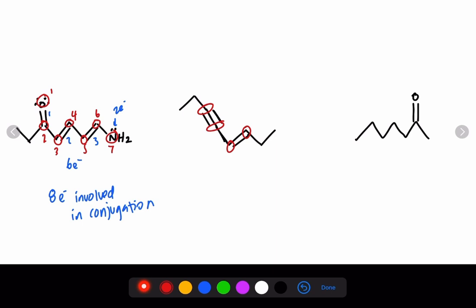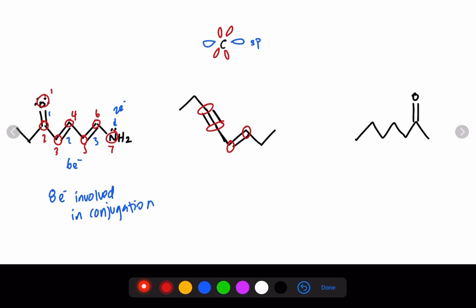Now, when we look at the orbitals for an sp hybridized atom, let's say this is a carbon, we are going to have 2 sp hybridized orbitals, and we will have 2 unhybridized p orbitals. Since there are unhybridized p orbitals, that is why the sp hybridized atoms can participate in conjugation.